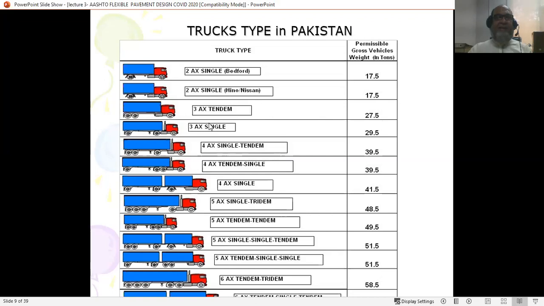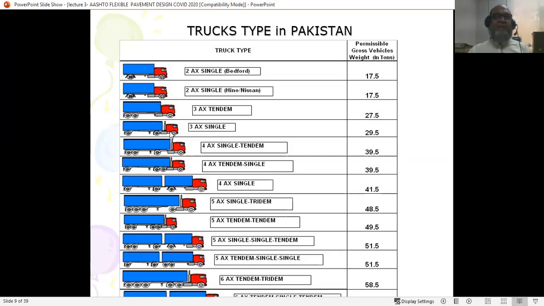Now there is another type of vehicle that is also a three-axle vehicle, but this is what we commonly know as a trailer vehicle. This is a steering axle, and then there is a trailer axle. There is no drive axle here.